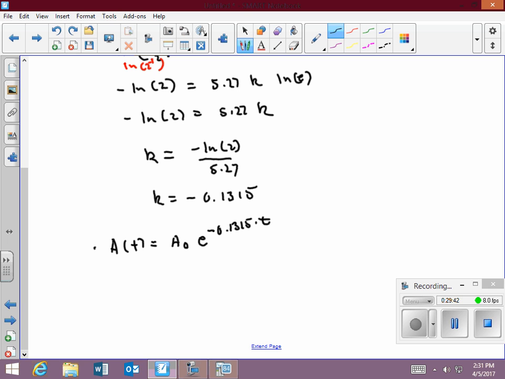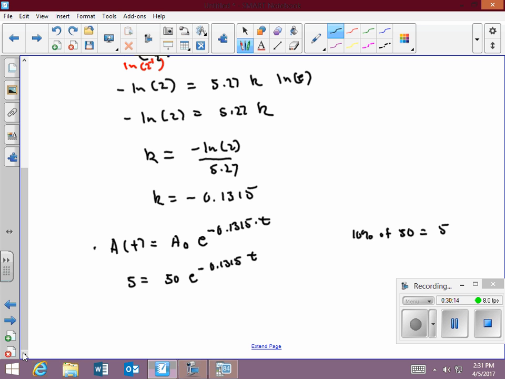So 10% of 50 is what, 5? So it's asking 5 equals 50, the initial amount, e to the minus 0.1315, and what's the time it takes for 50 to go to 5?